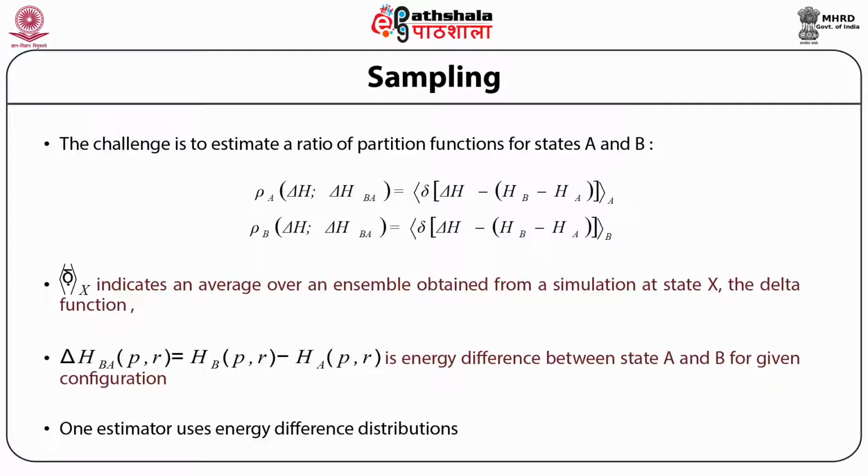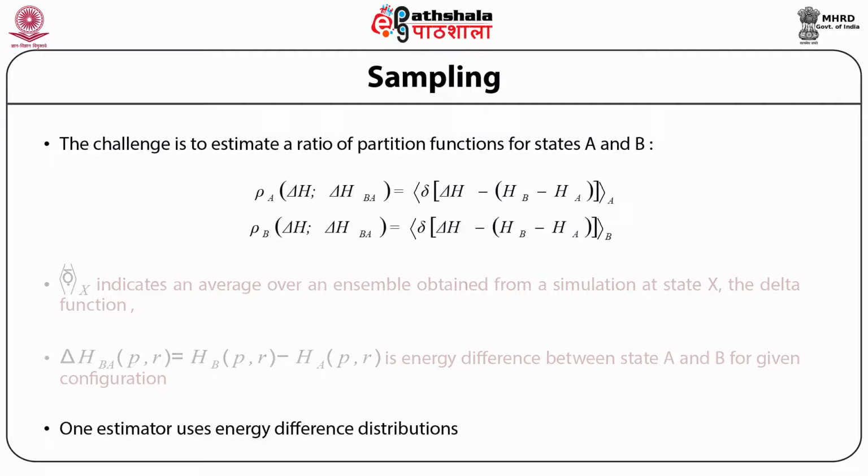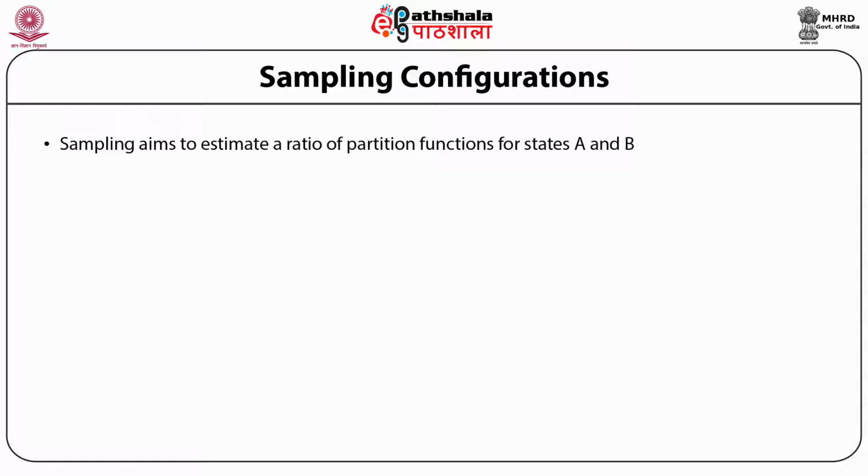So sampling of both states gives us the correct estimation of delta F_BA, the free energy. Trouble of sampling: one has to remember one thing. What is sampling? Sampling actually estimates the ratio of partition functions for each state.